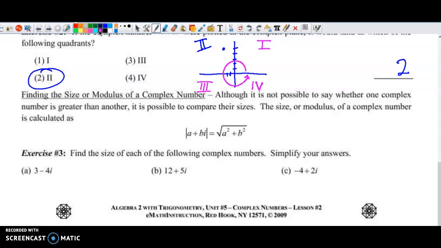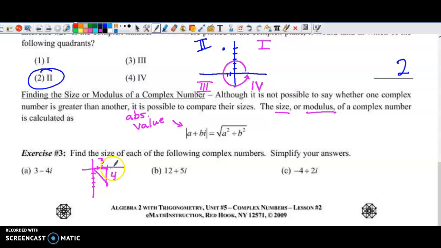So again, the size, the modulus, looks like the absolute value. You might even hear me say, take the absolute value of this. But if you were to look at a problem that's 3 minus 4i, and you go right 3 and down 4, and you want the length of that, then it makes sense to do the Pythagorean Theorem of 3, 4.